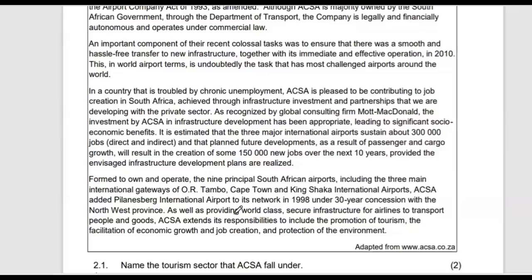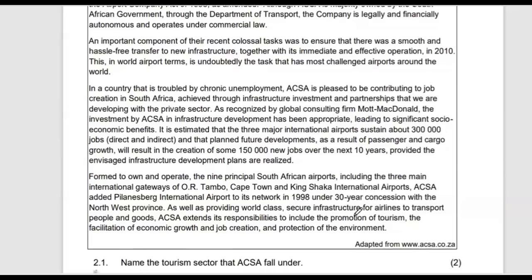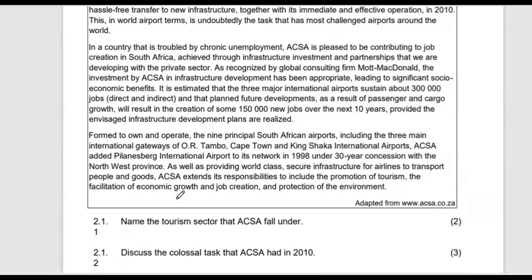As well as providing world-class secure infrastructure for airlines to transport people and goods, AXA extends its responsibilities to include the promotion of tourism, the facilitation of economic growth and job creation, and protection of the environment.